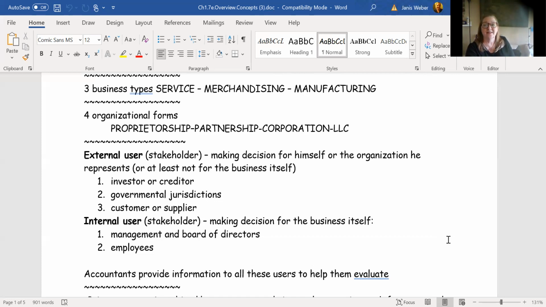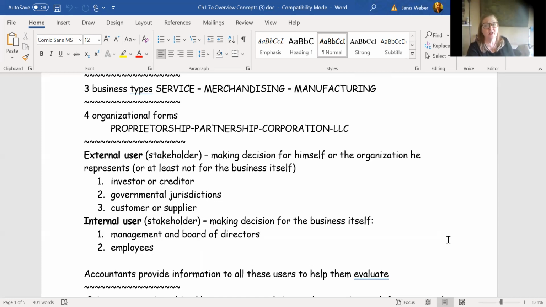So we can see their financial statements by just Googling or looking on DuckDuckGo or any of the other search engines and just typing in the company name and financials. And you're going to come up with a lot of information about the company that you can see as an external user. And so external users could be investors, creditors, the government itself, customers, suppliers.